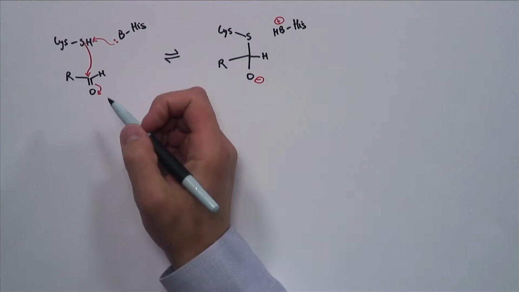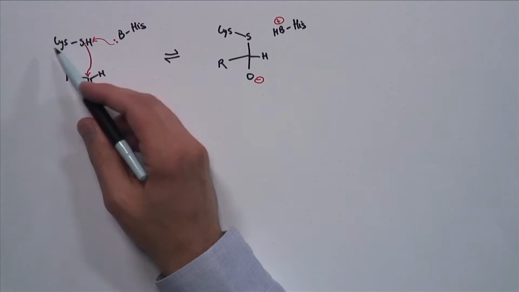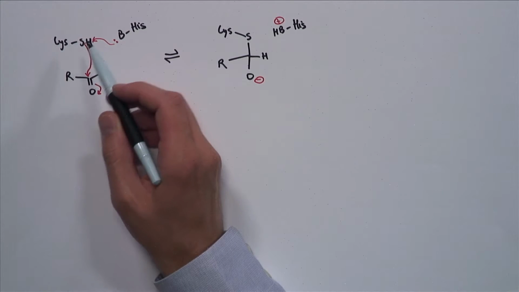Question 2 asked us to provide several reasons for which aldehyde inhibitors are not actually desirable as therapeutics. Once again, we have to think about the carbonyl chemistry. We saw here that aldehydes can react very well with nucleophiles such as thiols or thiolates.